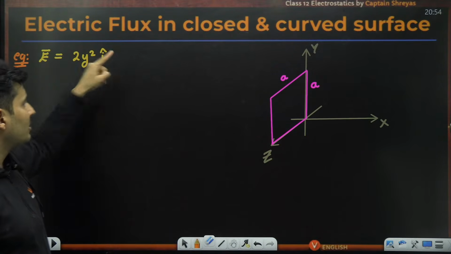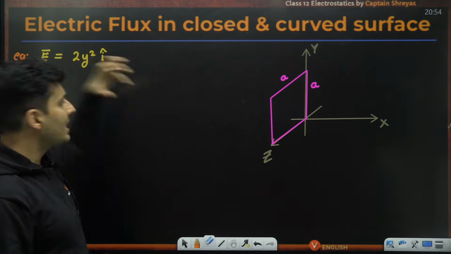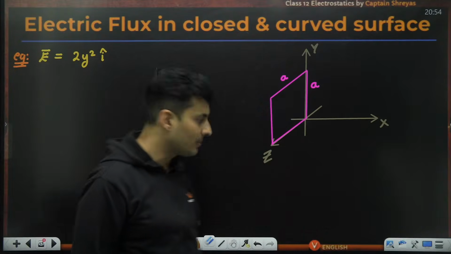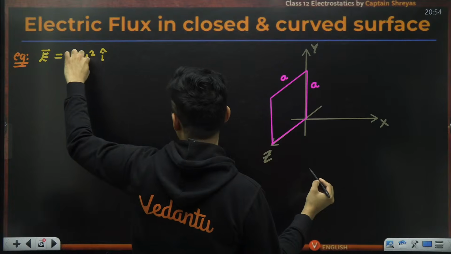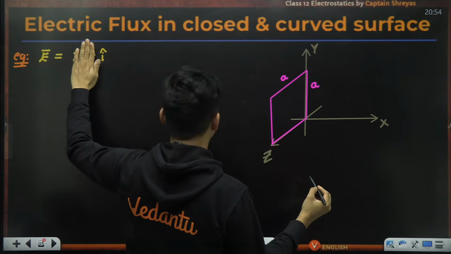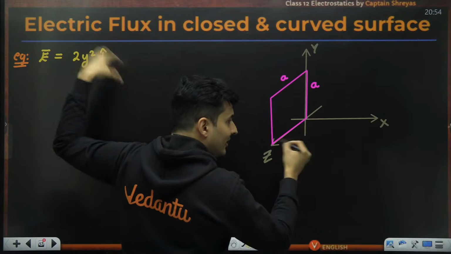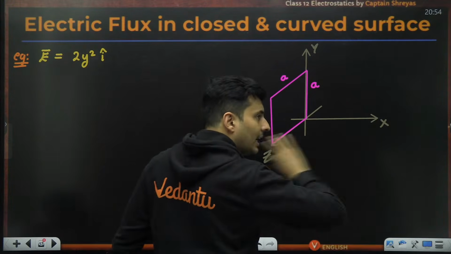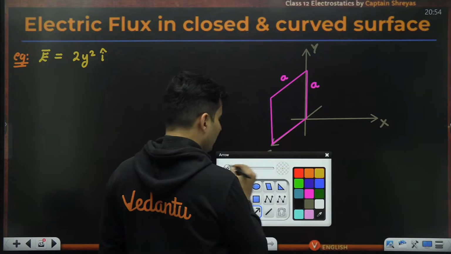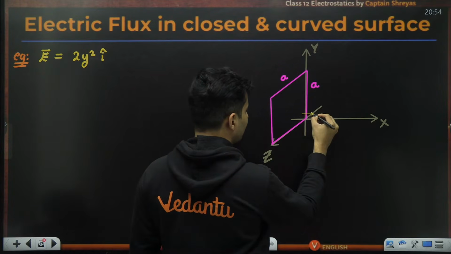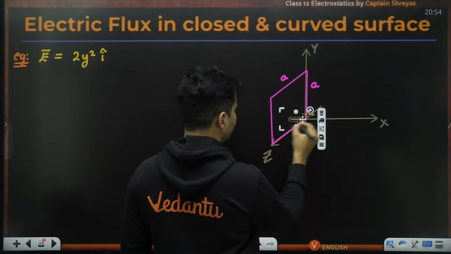Electric field is 2y square i cap. So it only changes with the y coordinate and it is in i cap direction. That means in the x direction. See, if the y coordinate is 0, this is 0, so electric field is not there. As y increases, electric field increases in the x direction, meaning i cap direction. So maybe, I'm just saying maybe, the electric field might look like this.